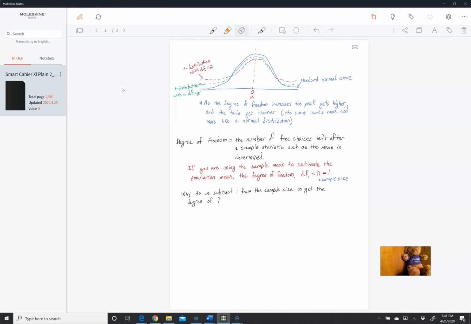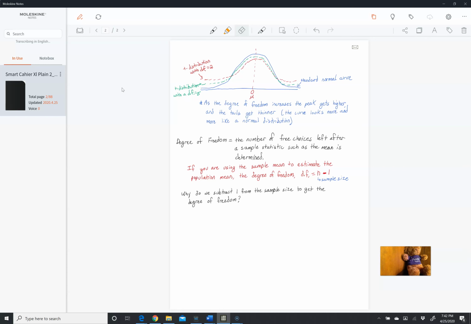That's the question that we're asking, which is the same thing as, what do we mean by the number of free choices? Okay. The degree of freedom is the number of values that are free to vary.